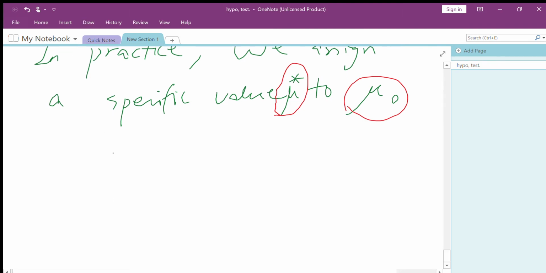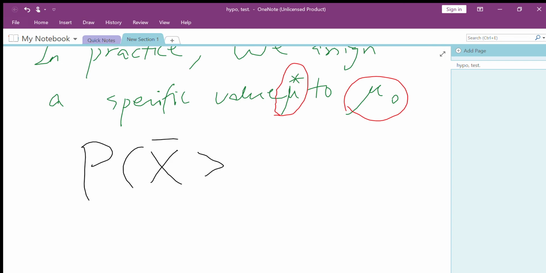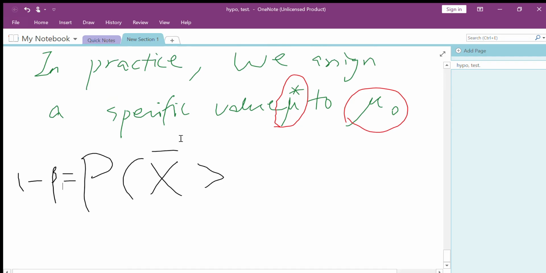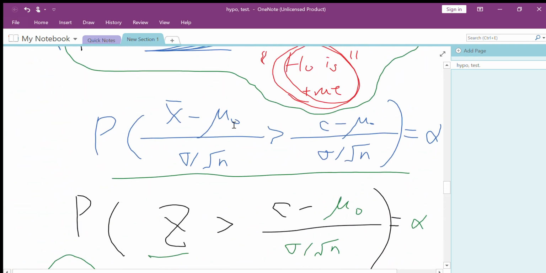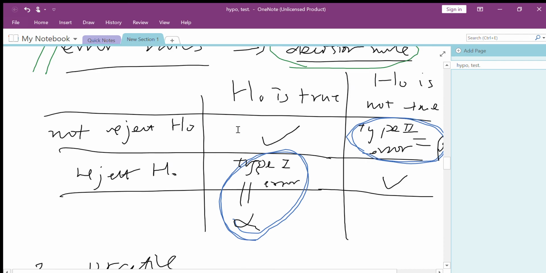What is the type 2 error rate? 1 minus beta is 1 minus the type 2 error rate, which means we make the correct decision. We make the correct decision here.